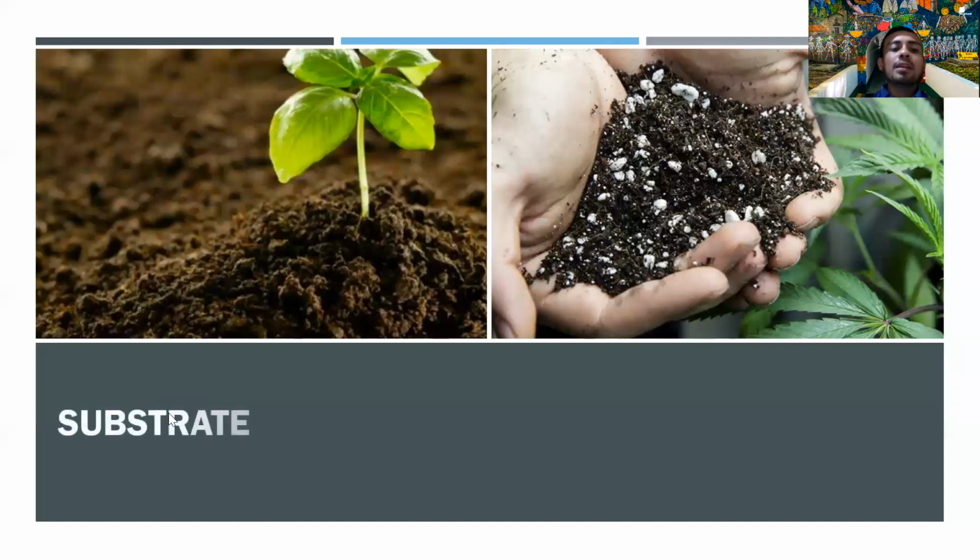The final topic is the substrate, the home of the plants. The soil in which we will plant our plants is also an important part for our crop to be successful because it must have certain characteristics so that the plant can develop properly. Among them, it's a light soil in which the roots can grow and expand easily.